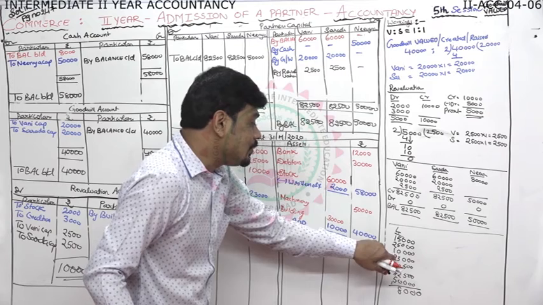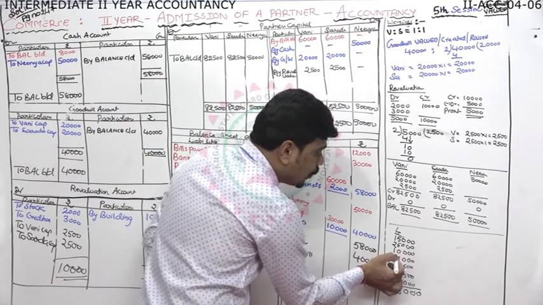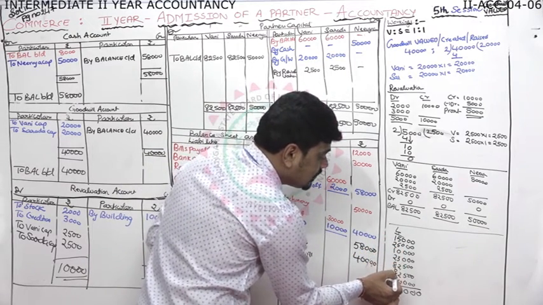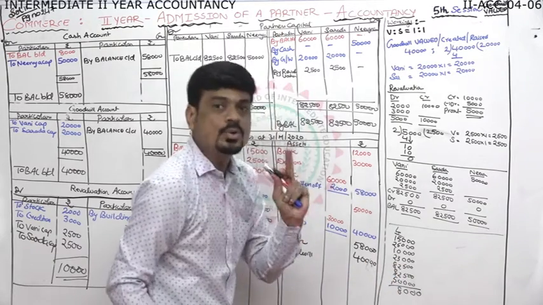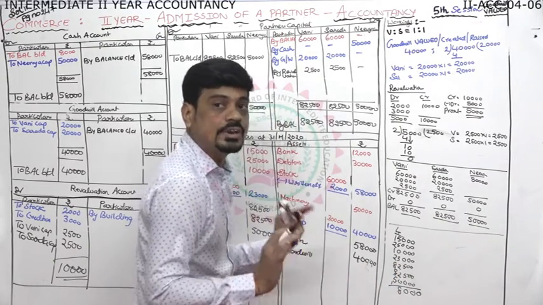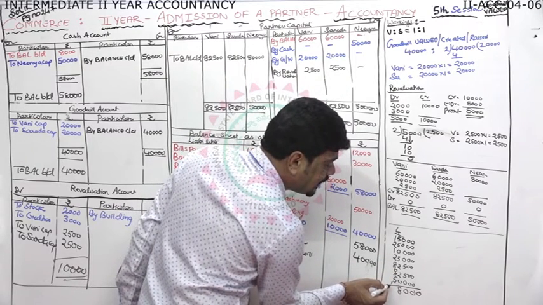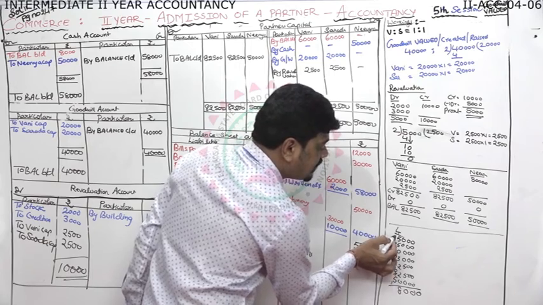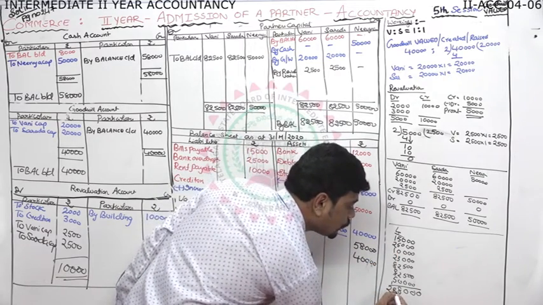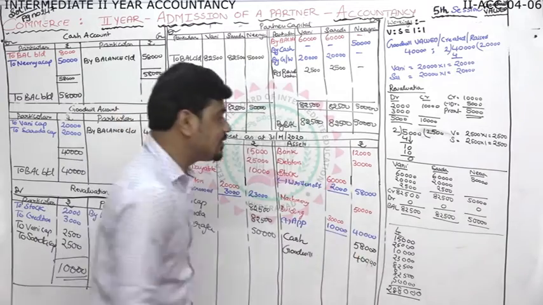Again cross check. 3, 4, 5, 6, 6 and 16, 22, 22 plus 5, 27, 28. No issues at all. 2, 3 times you cross check. So 2,88,000. Now in the same way, we should get asset side also.